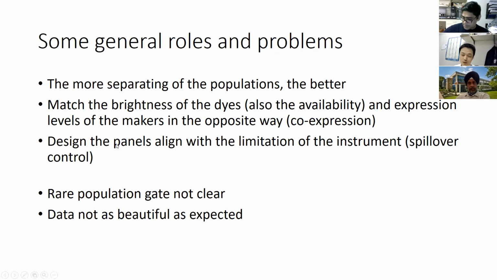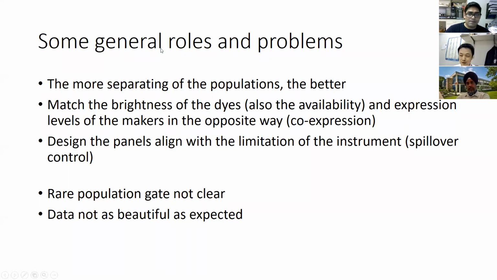You also want to design your panel within the limitations of our instrument. You don't want to copy a panel from another institution, follow every design detail, and then apply it to our machines. Sometimes it doesn't apply because each institution has different machine settings. A panel that works very well at another institution does not necessarily work as well on our machines.